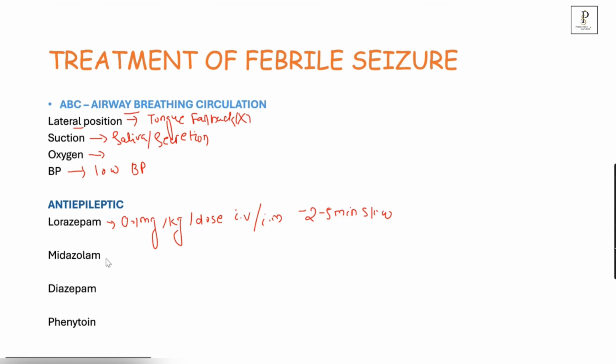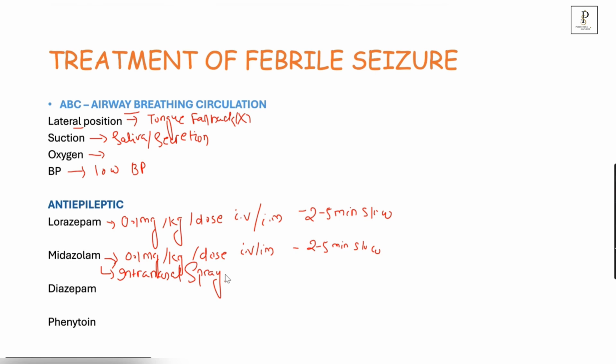Then next is midazolam. If you are giving midazolam, the dose is the same, 0.1 mg per kg per dose, IV or IM, over 2 to 5 minutes. You should give it slowly. Then intranasal spray of midazolam.